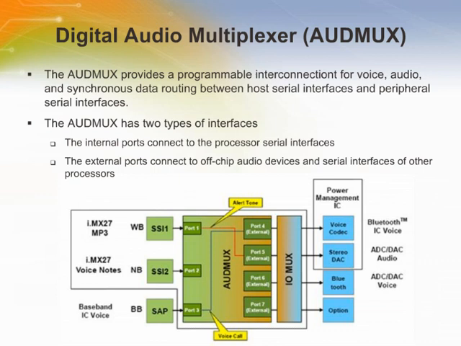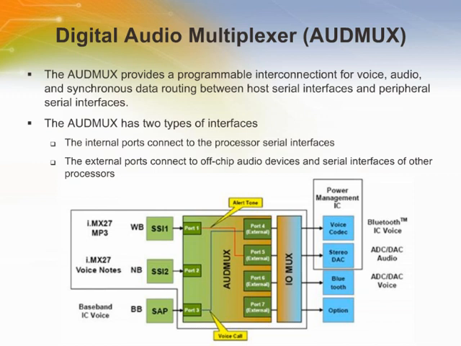The digital audio multiplexer, the AUDMUX, provides a programmable interconnect fabric for voice, audio, and synchronous data routed between the i.MX27 processor's SSI modules and external SSI, audio, and voice codecs.